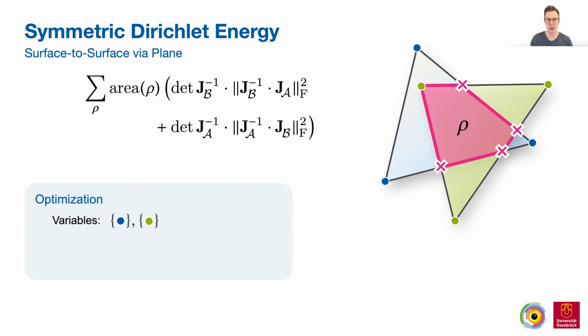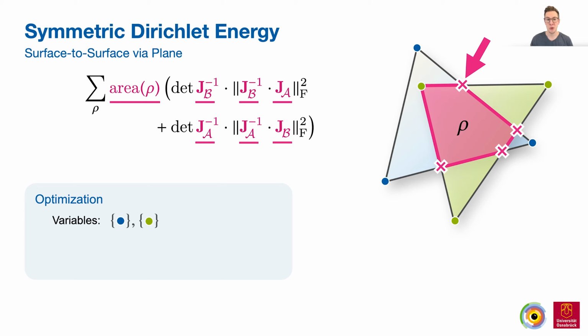This time our variables are the vertex positions of both meshes in the plane. But now we realize that not only all these Jacobians depend on these variables, but also the area weight, which means that we have to compute derivatives of it, and that also involves computing derivatives of all these intersection points. So especially in this quite complex scenario, automatic differentiation is an extremely valuable tool.